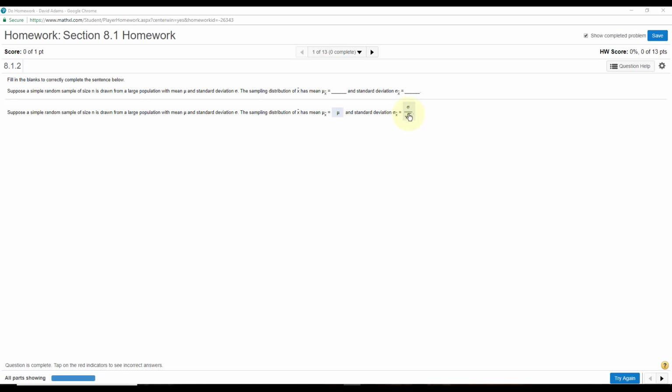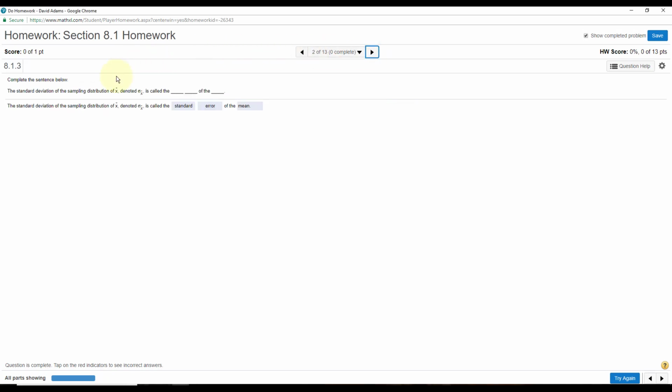As n gets larger, it keeps dividing into the original number, making the new distribution's standard deviation smaller, which makes the new distribution tighter, always a tighter distribution. The standard deviation of the sampling distribution of all x bars, denoted by sigma x bar, is also called, synonymously, the standard error of the mean.